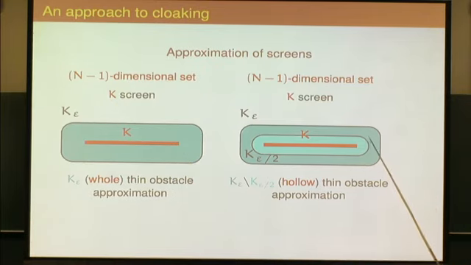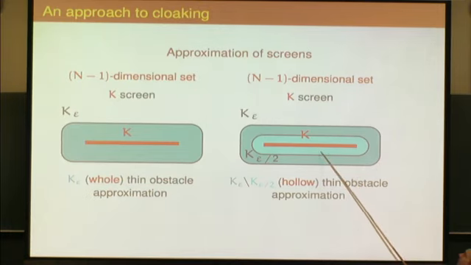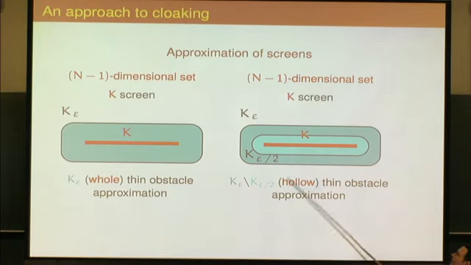And in this way, if I can put such a medium in here, I might be able to at least approximately cloak what is in this hole. And this is what I'm going to do. This is the plan. Then I'm going to explain how this is related really to cloaking. But this is the intermediate step.